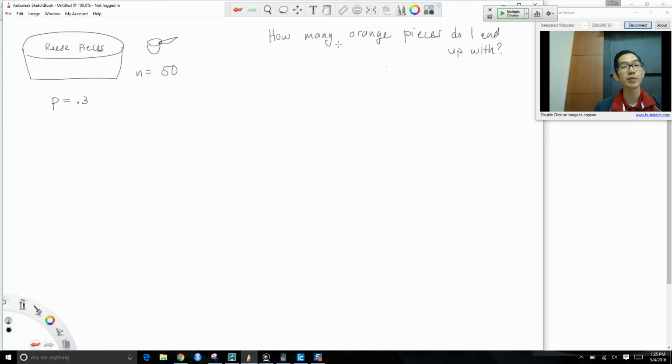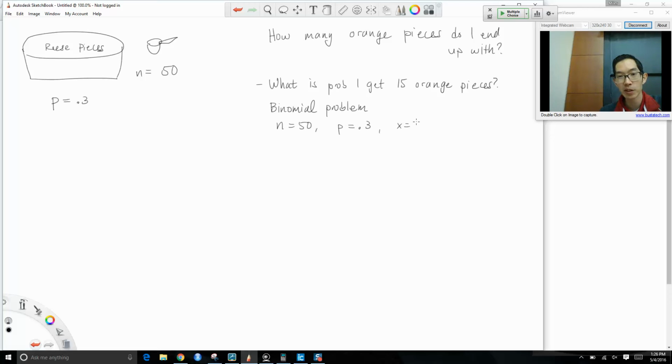This distribution, if I asked, what is the probability I end up with 15 orange pieces? Do we recognize that this is a binomial problem? This is a binomial problem with n equal to 50, p equal to 0.3, and x equal to 15.